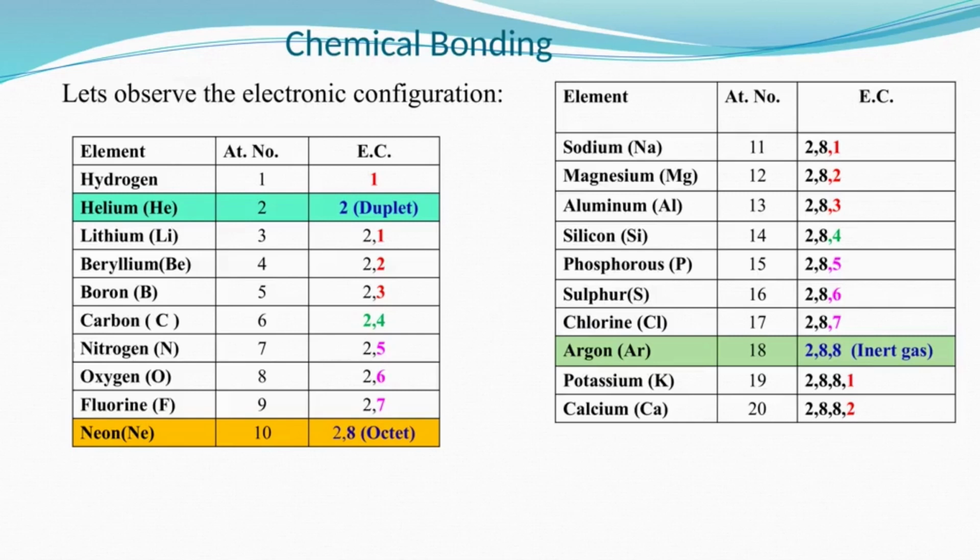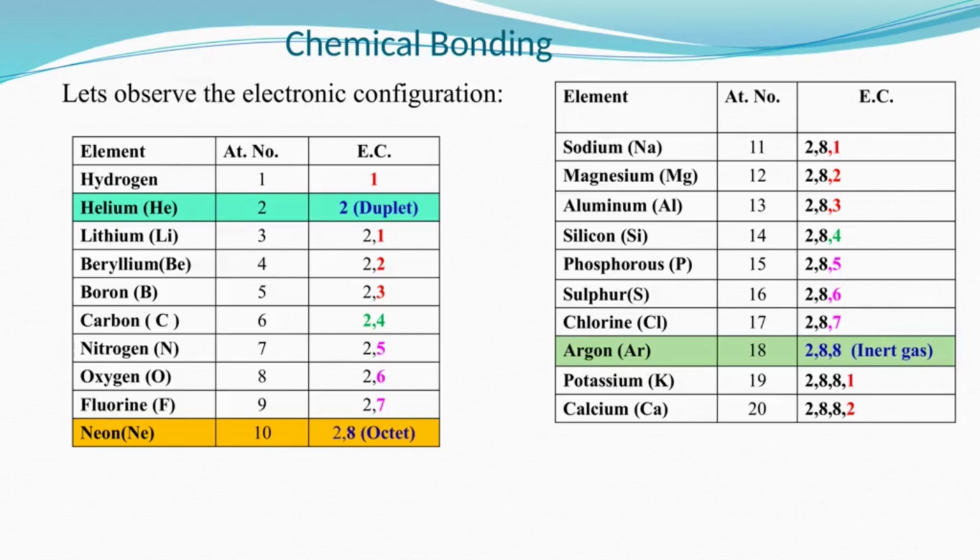Okay. So, if they have a stable electronic configuration, there is no need to go into a chemical reaction because they are already stable. So, the main reason for an element to undergo a chemical reaction or form a compound or a molecule is that they do not have a stable electronic configuration, and there is a need to attain it. Okay.